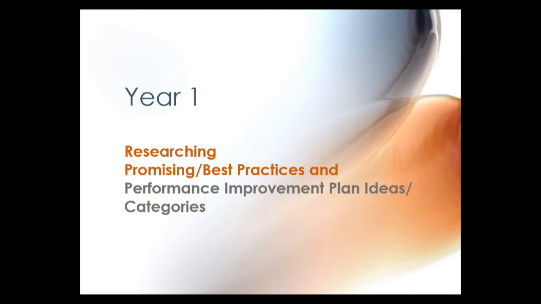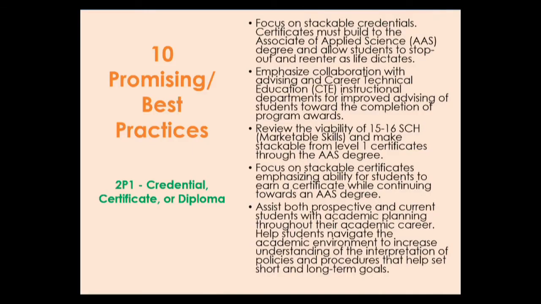Our original design was if they'd met the target 100% for the last 3 years, and maybe 90%, they were eligible to submit best practices through SurveyMonkey. And then we also had people submit their performance improvement plan. Once it was scored accordingly with our experts, consultants in the field, we then published and provided you a copy of the 10 promising best practices that we found from 2P1, credential, certificate, and diploma.